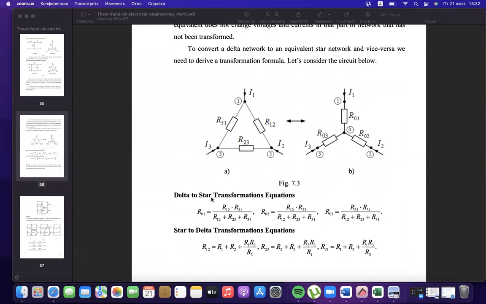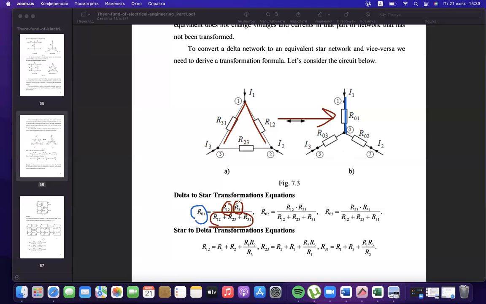If we are transforming delta to star in the straight way, and we are searching for a branch of the star, this one, we should take the two branches of the triangle that are near this node, multiply them, and divide by the sum of all three branches.